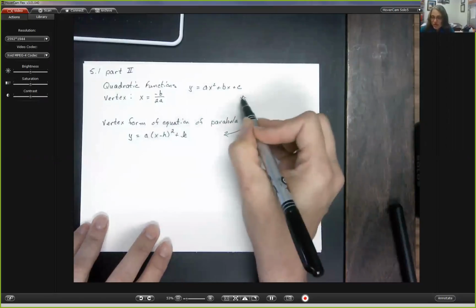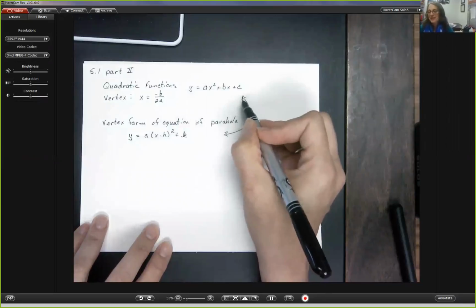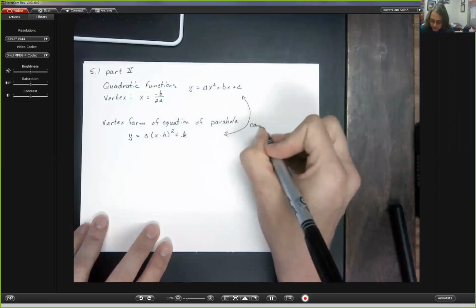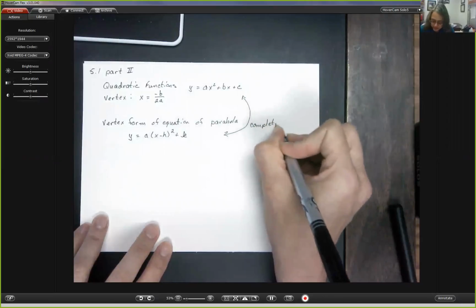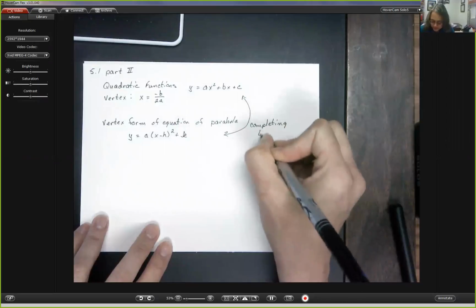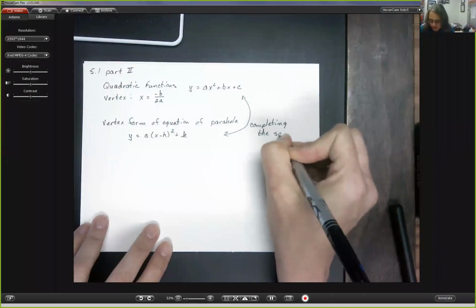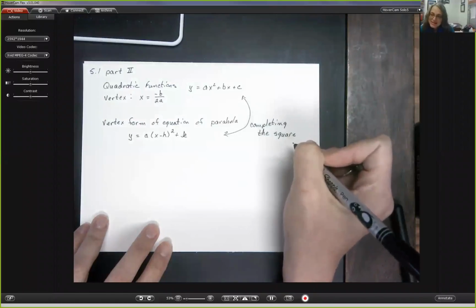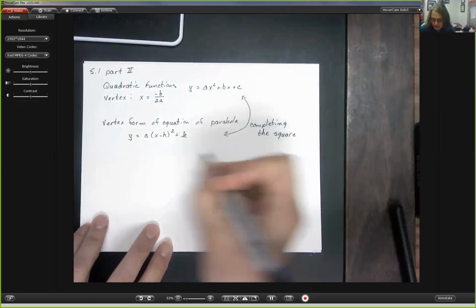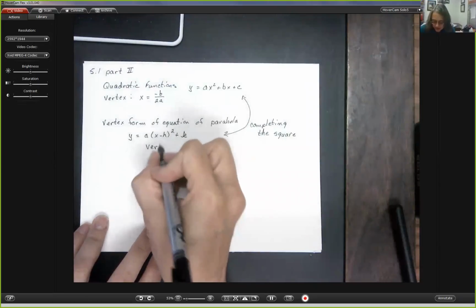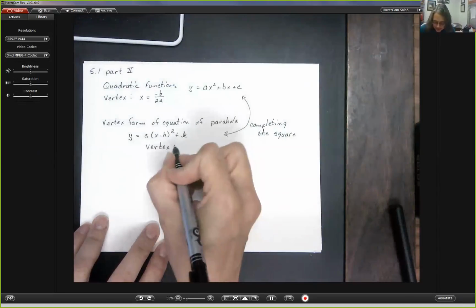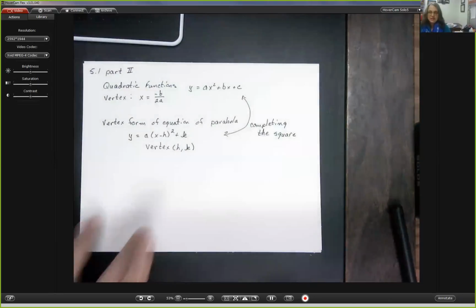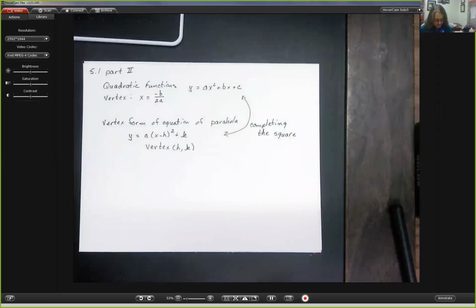If we're going from the generic form, what I call the standard form, to the vertex form, we're going to use a tool called completing the square, which you hopefully remember from Math 95, but I will show you. The reason why this is valuable is because if we do this, we can read the vertex directly from the equation.